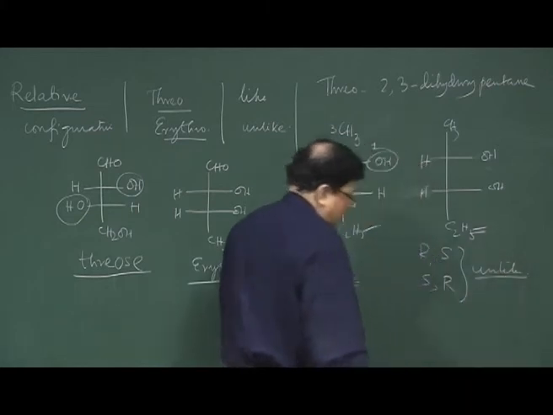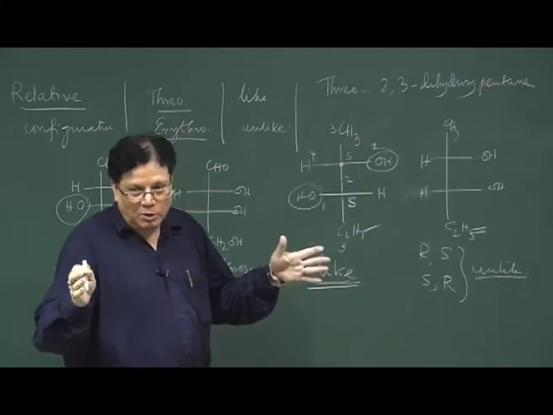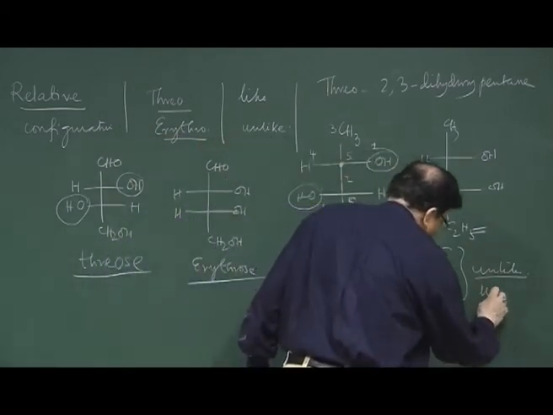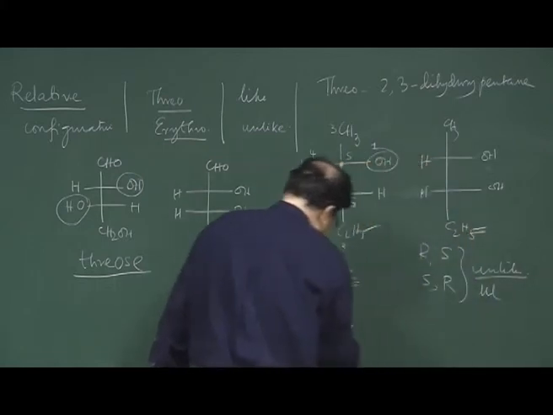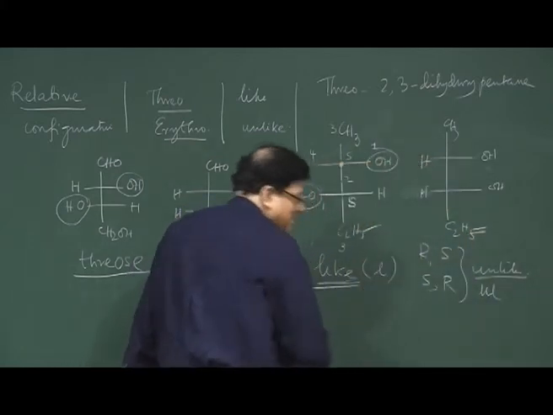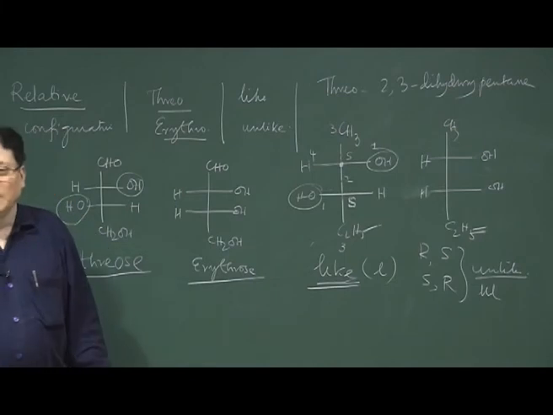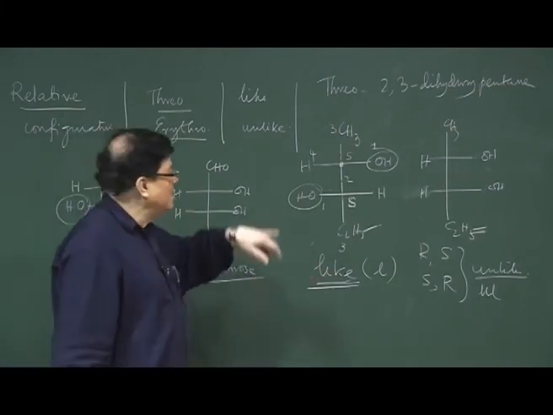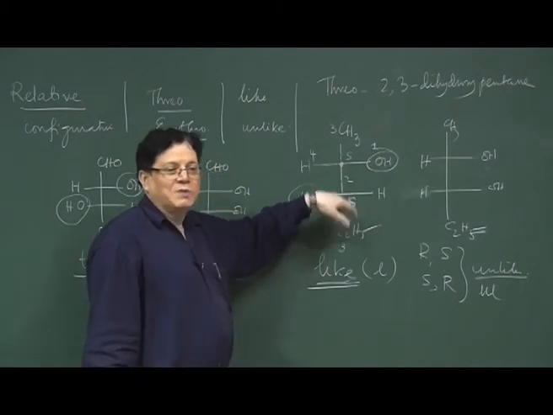So, you do not have to write all those letters. You just write UL for unlike, and for this you write only L, like. So, instead of threo-erythro, now he says to use the absolute configuration.